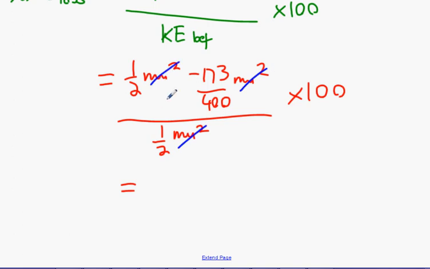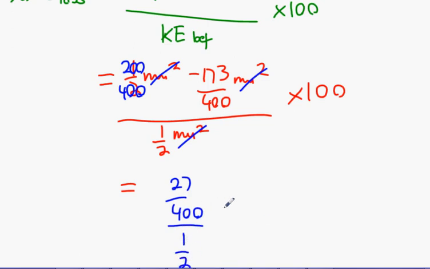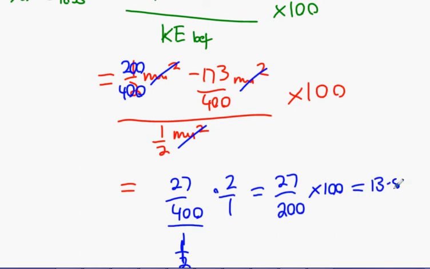So what we have is a half minus this, which is going to be 27 over 400, divided by a half, which means when you bring up the half, it's multiplied by 2 over 1, which is going to be 27 over 200, multiply by 100, and you get a loss of 13.5%.